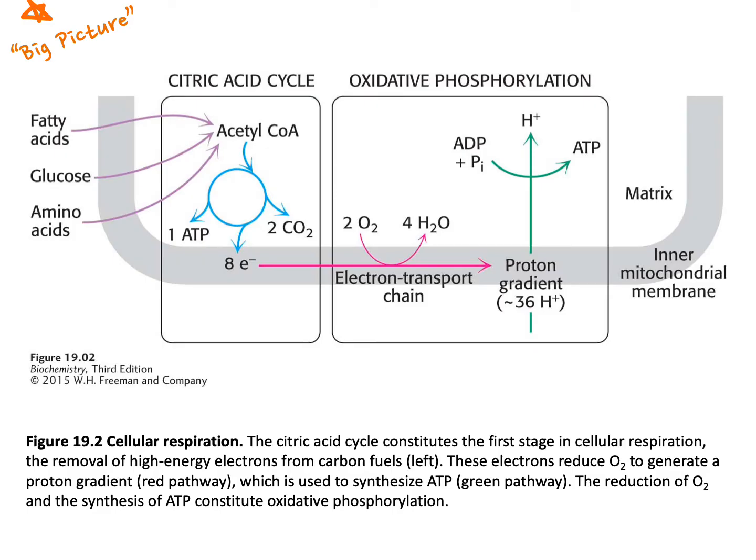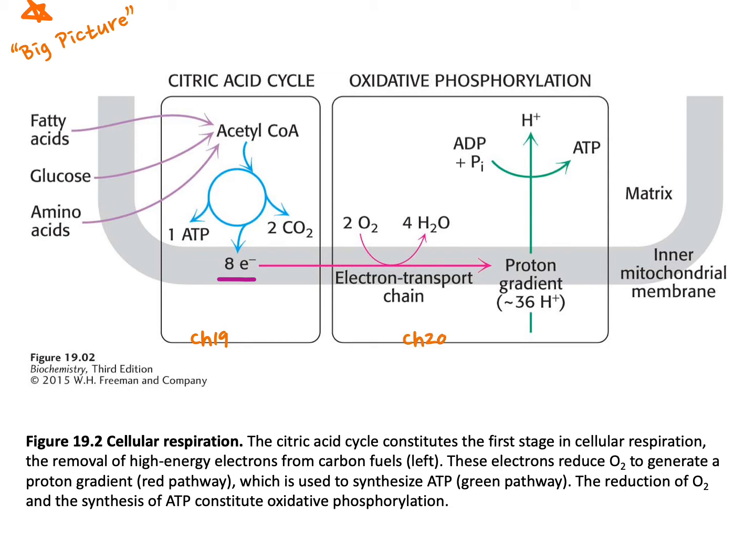Let's look at another big picture. Chapter 19 is about the citric acid cycle. Acetyl-CoA, mostly from glucose but may also come from fatty acids and amino acids, enters the citric acid cycle and produces 8 electrons.